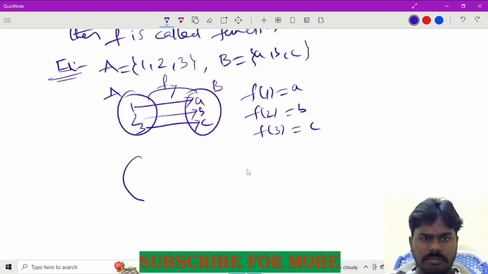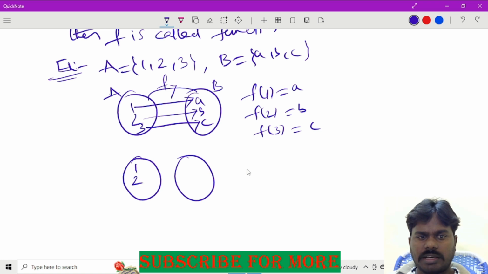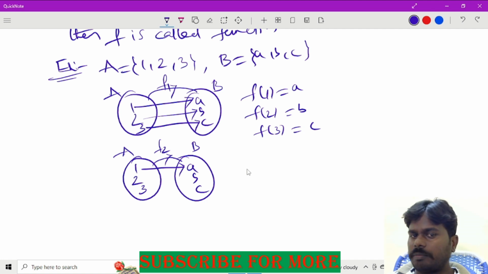Now the same I will define differently. The same example I am taking, but I am giving a different mapping here. Better I am taking here f2 to differentiate from the examples. So now I am mapping 1 to a and 2 to a, 3 to b.